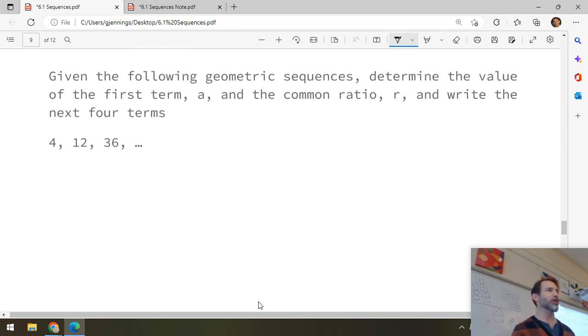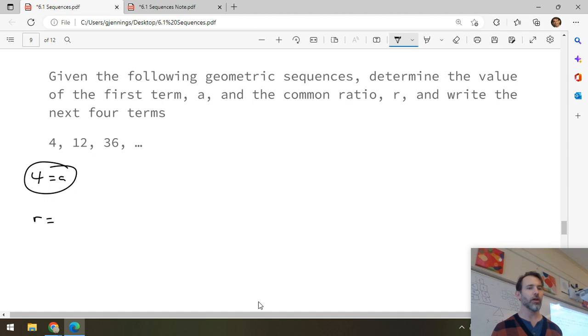So sometimes you'll have to solve for A and solve for R. In this case, solve for A is not hard. 4 is equal to A. You just look at the first term. And then R, well, that's just equal to T2 divided by T1, which in this case is 12 divided by 4 is 3. Let's test.